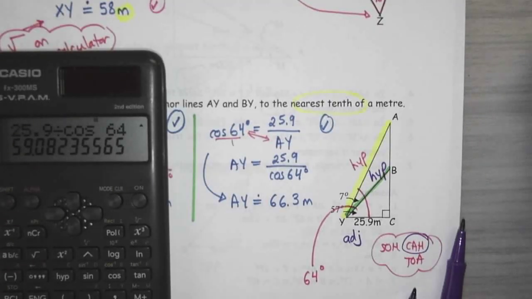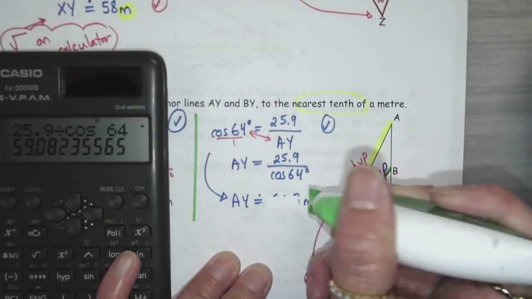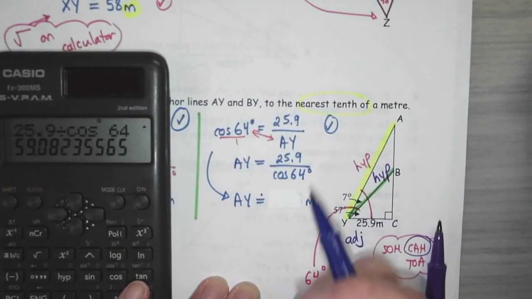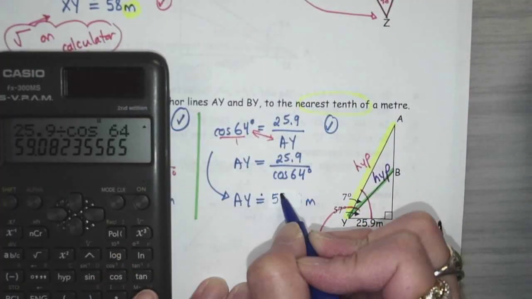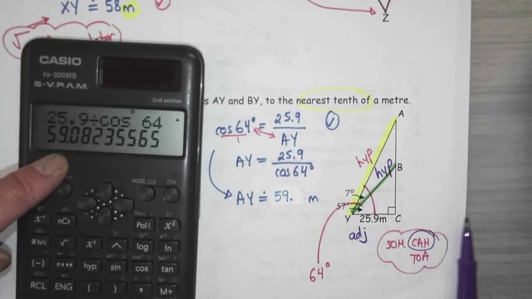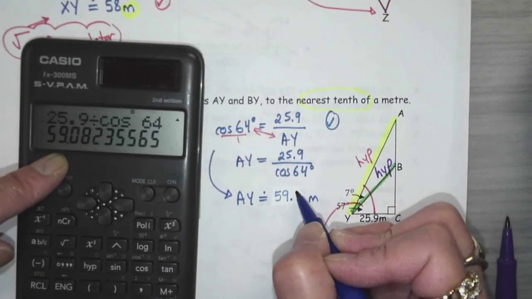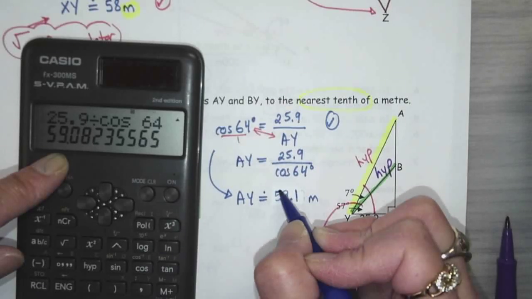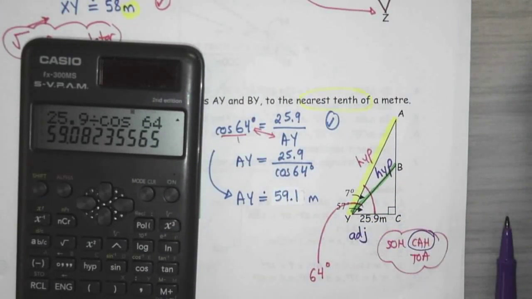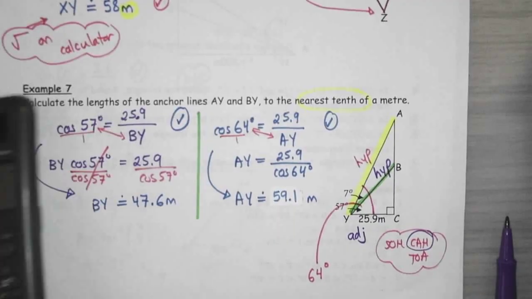I was not thinking. I think I might have pressed the wrong button. So I pressed cos, so that should be 59 point, and we want 1 decimal place, so it's 0.08. So that would be 0.1. Good now? Okay. All right, thank you.